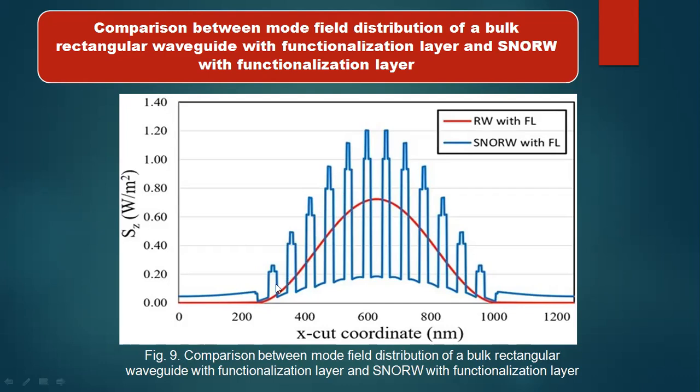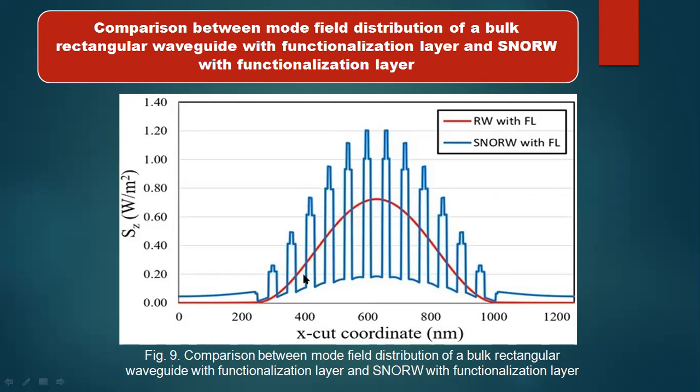Another insight is that the red graph is smooth, but in the second graph, the one with bars, in some regions the energy is above the red graph, that is the rectangular waveguide, and in some regions the energy is below the rectangular waveguide.